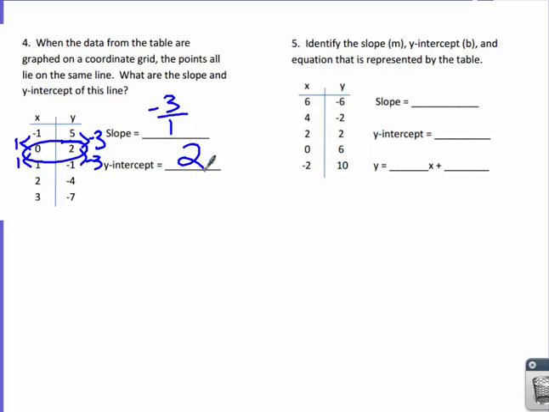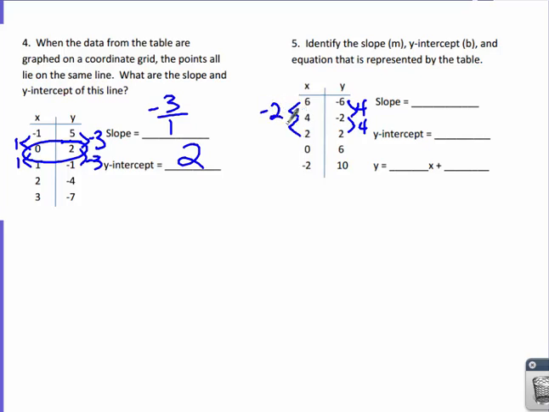Now number 5 asks you to do the same thing, but also put the slope and y-intercept in our formula for a line. So for slope, we do the same thing. What is my pattern on the right? Increasing by 4. What is my pattern on the left? Decreasing by 2.